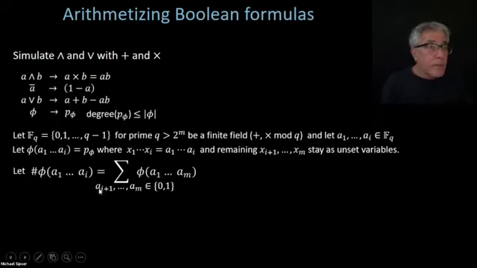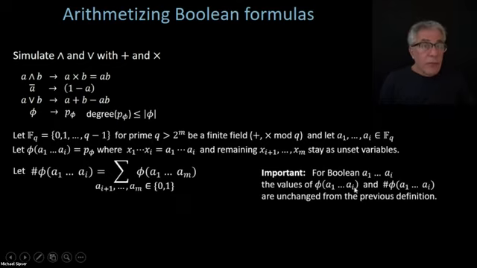So I'm going to be adding up the unassigned, the unset variables in all possible Boolean ways. And the first i values could be non-Boolean values. So you have to just accept this as an abstract notion. It no longer has an interpretation as satisfying assignments.